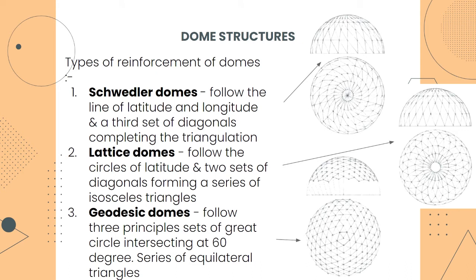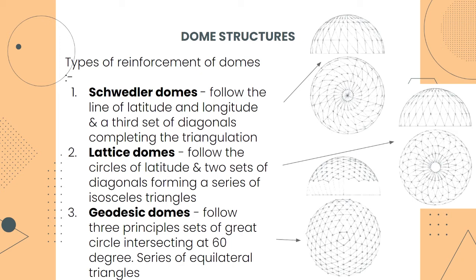Types of reinforcement of domes. So we have three here, and they are Schwedler domes, lattice domes, and geodesic domes. First, Schwedler domes follow the lines of latitude and longitude, with a third set of diagonals completing the triangulation.